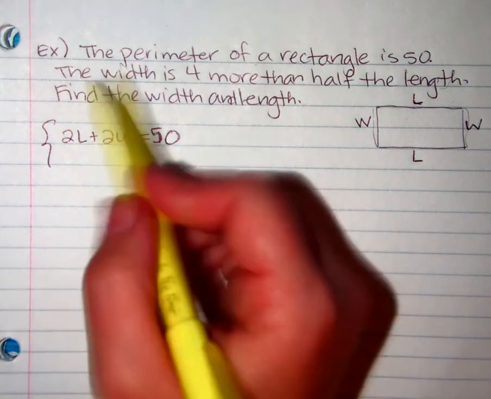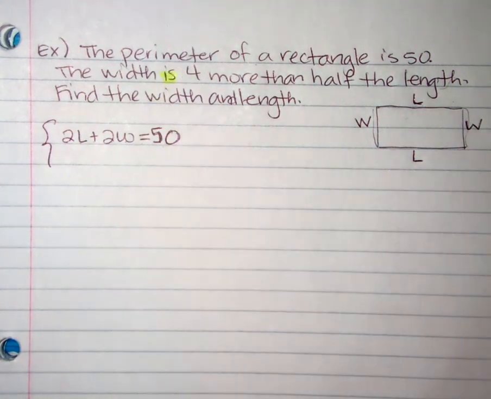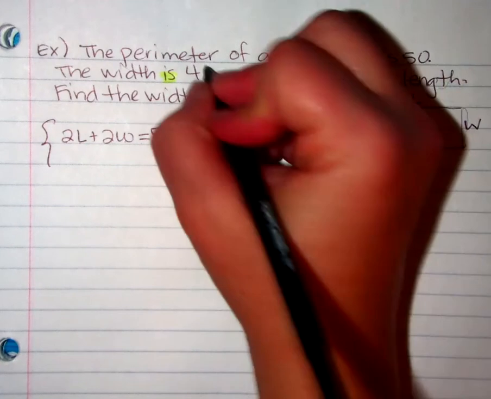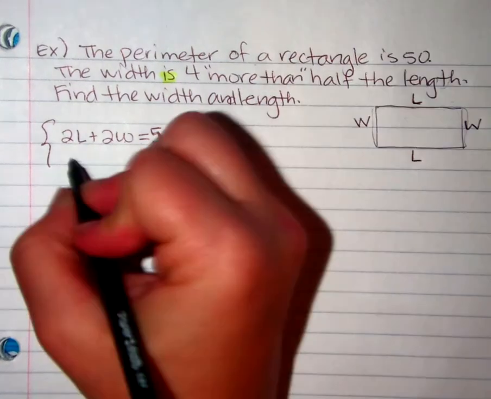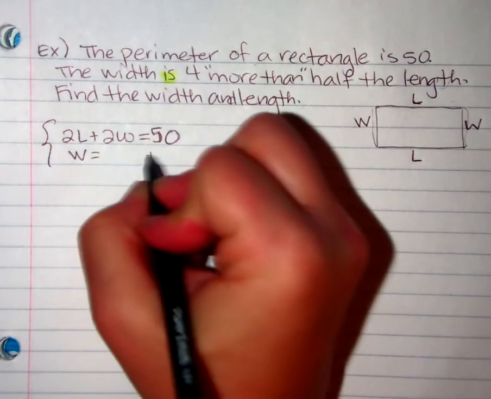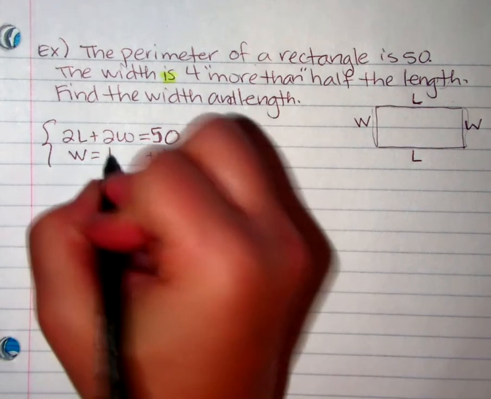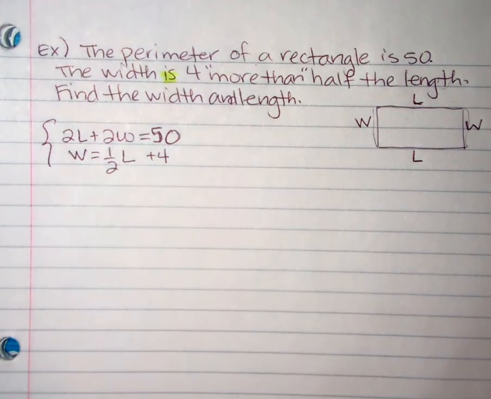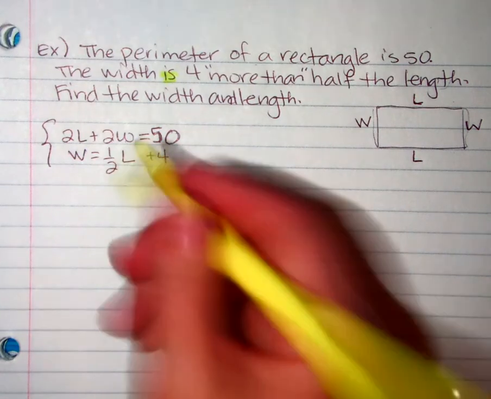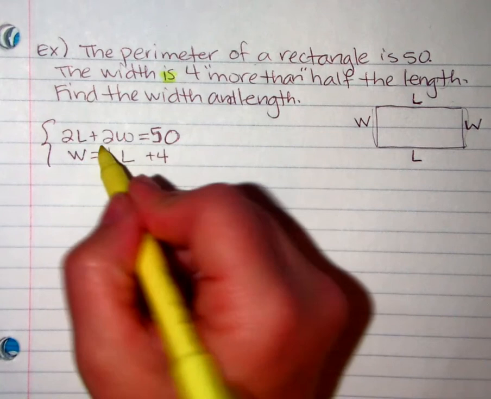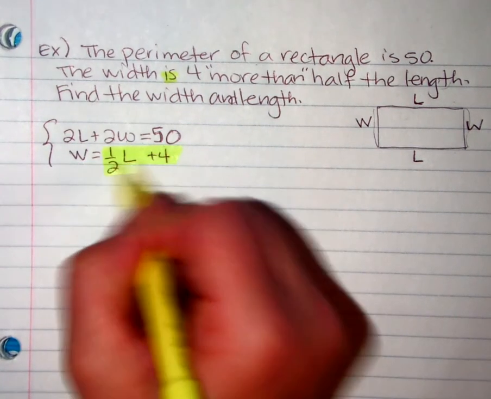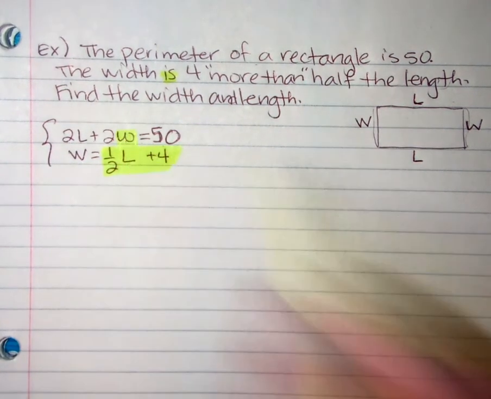And now I'm saying the width is, and here's another one of those keywords, 4 more than. So my width is 4 more than half of the length. And so this is my translation of my system. Again, I already can use substitution on this because I have an expression for W that I can plug in.